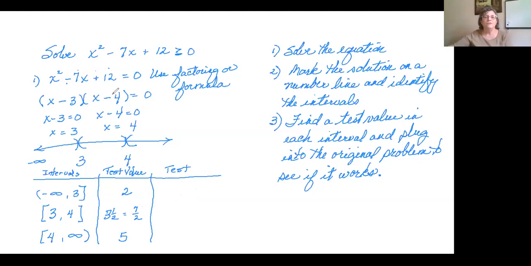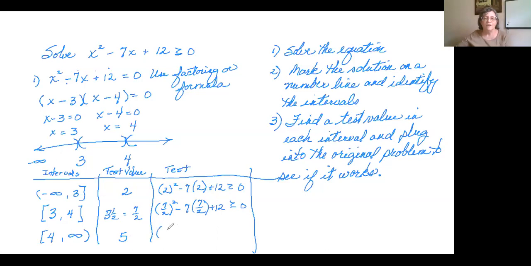So if I plug 2 into the original problem, I've got 2 squared minus 7 times 2 plus 12 is greater than or equal to 0. If I plug in 7/2, I'm going to have 7/2 squared minus 7 times 7/2 plus 12. Is that greater than or equal to 0?